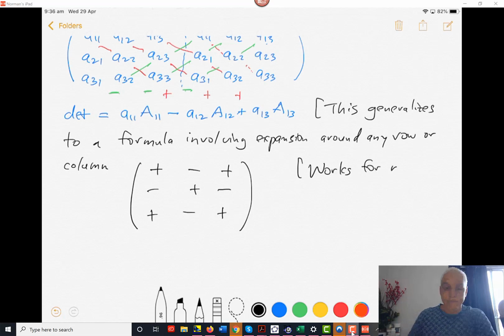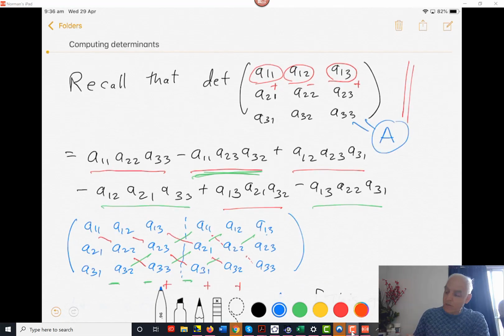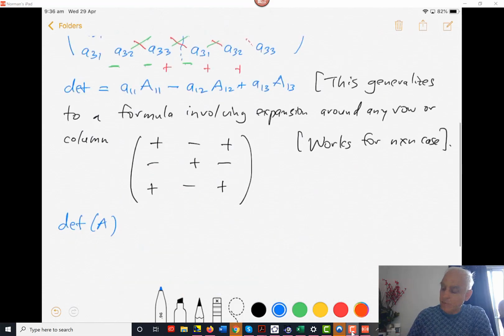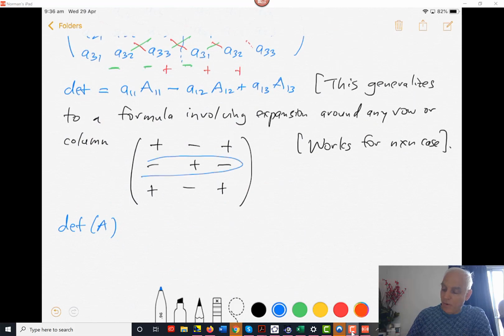But let me illustrate it here. So the same determinant that we were calculating before. Okay, we started off with a matrix A. So this determinant A, we had one formula for it here. Here's another formula which is very similar, okay? So suppose we decide instead to go along this row. So we could write it as A21, the first element in that row, and then the corresponding minor A21.